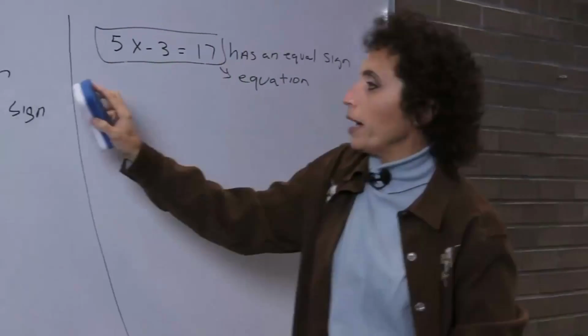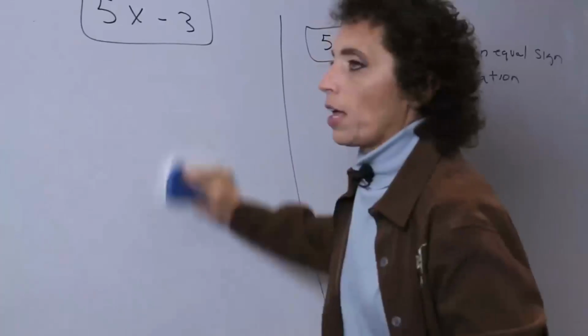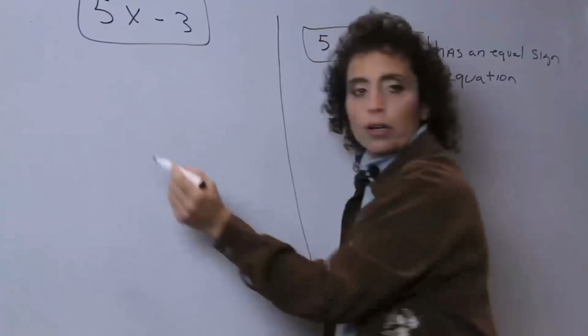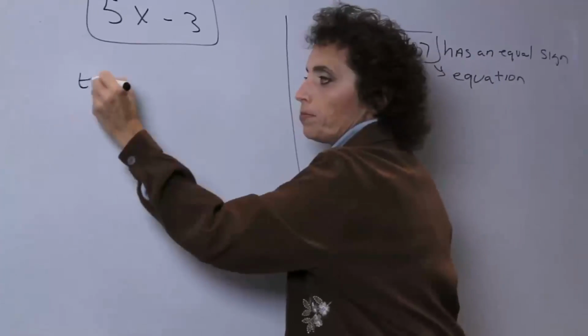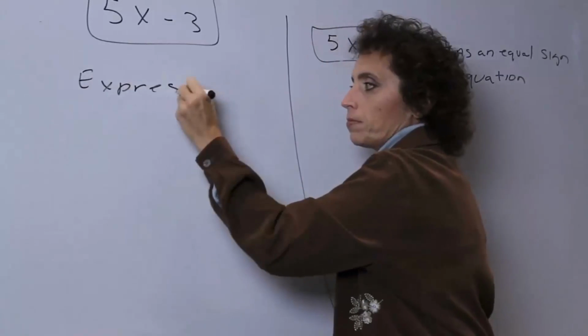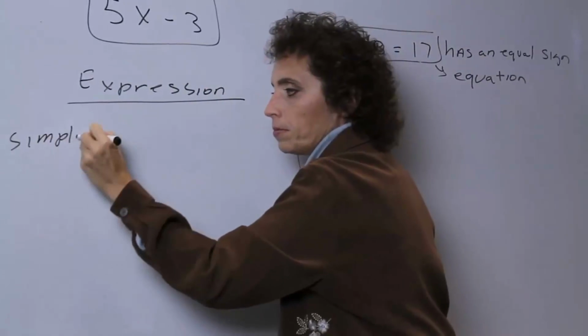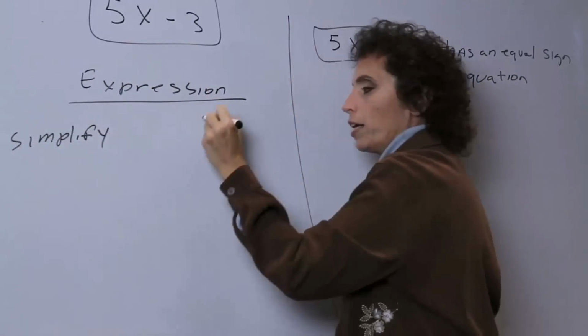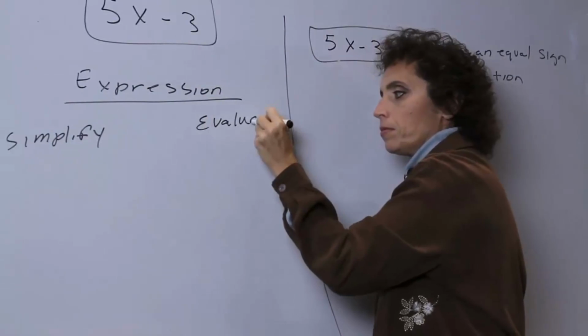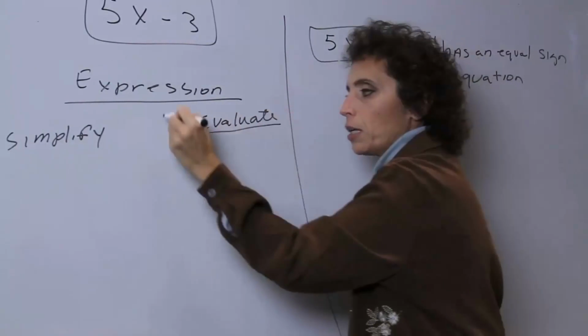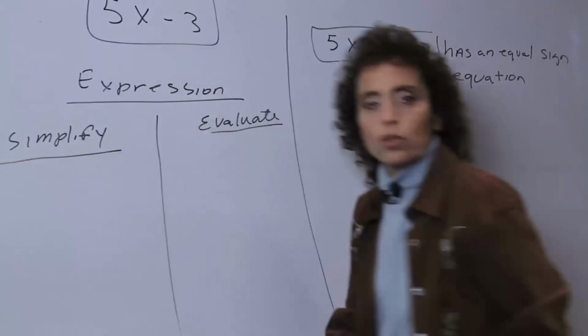Okay, so let's come back here. There are two things you can do in an expression or an equation. In an expression, you can either simplify or evaluate. Remember, evaluate means I'm going to get a number answer. Let me show you what I mean.